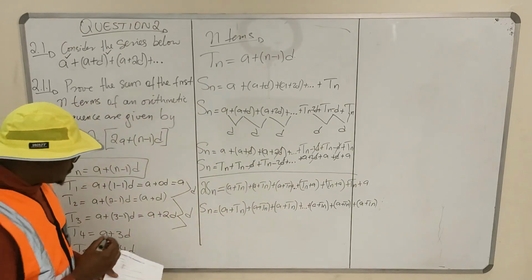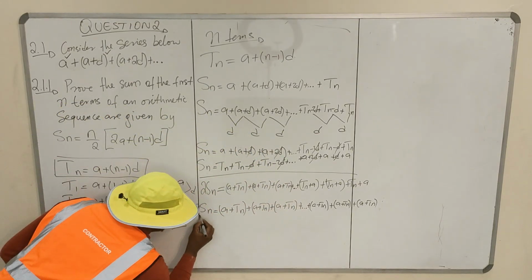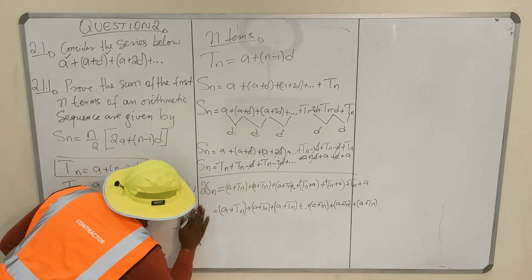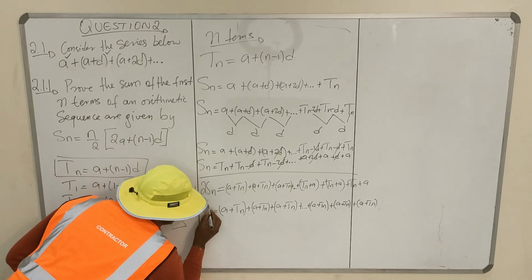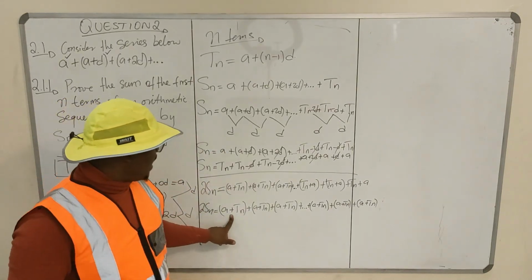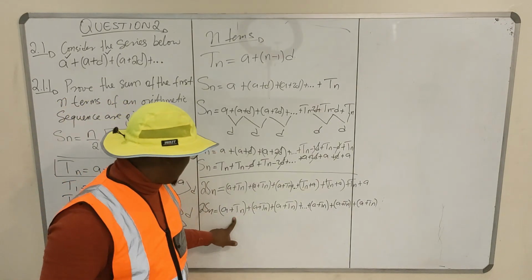So it's 2Sn here. You are adding A's plus Tn's.